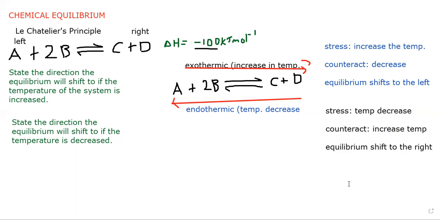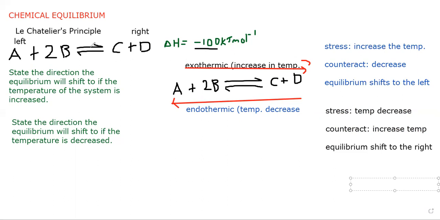What we could also ask is, if you increase the temperature of the system, what will happen to the amount of A? Just pay attention to where the equilibrium shifts. The equilibrium shifts to the left. That means anything on the left will increase, and anything on the right will decrease.